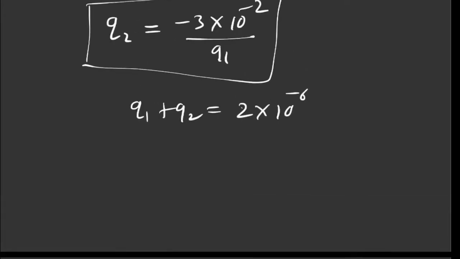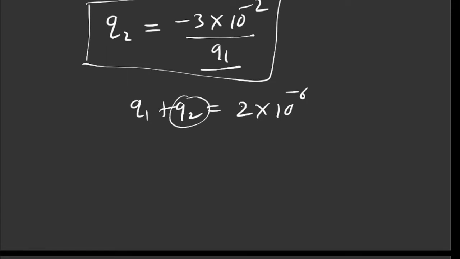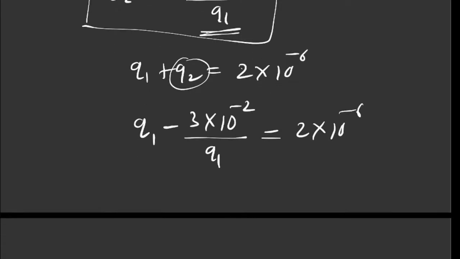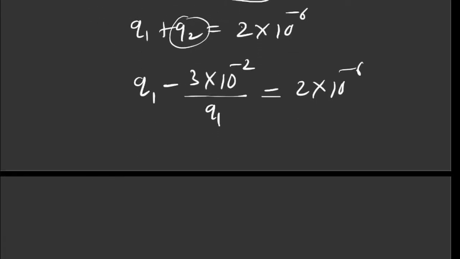Now q2 becomes this one. So q1 minus 3 into 10 to the power minus 12 divided by q1 is equal to 2 into 10 to the power minus 6, isn't it? From this equation, can I write a quadratic equation?